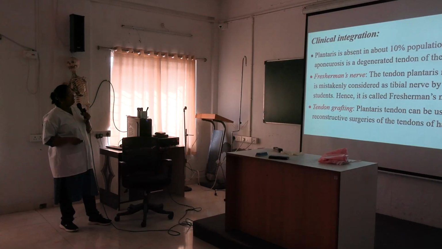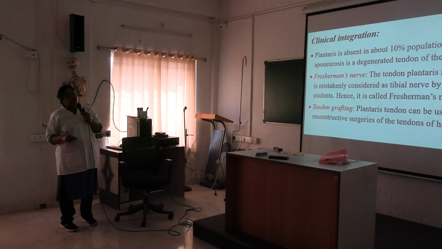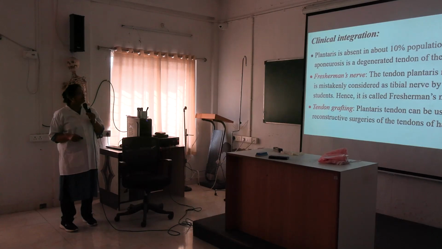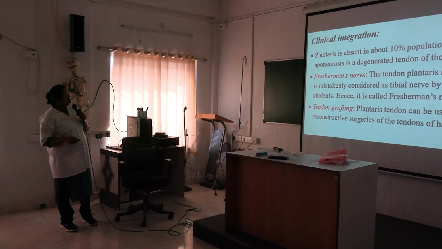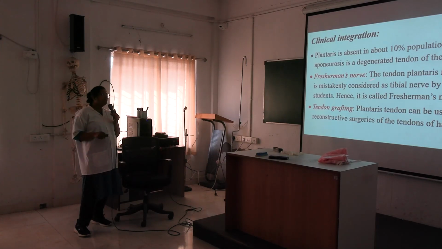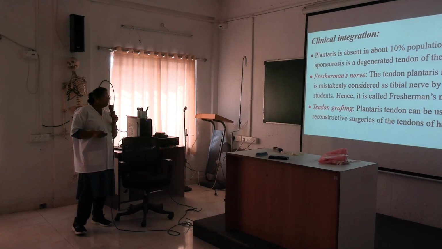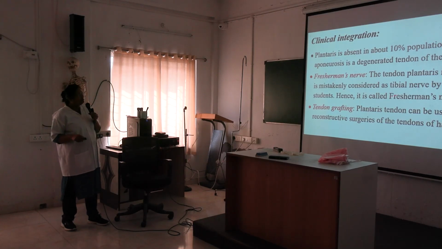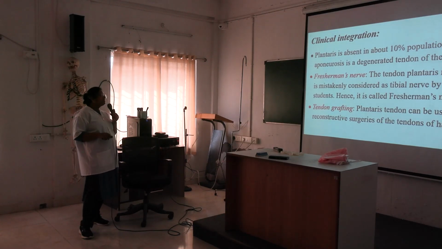These are some clinical aspects. Plantaris is absent in about 10% of the population, and the plantar aponeurosis is a degenerated tendon of the plantaris. Freshman's nerve: the tendon of plantaris resembles a nerve and is mistakenly considered as the tibial nerve by fresher surgeons or students, and hence it is called Freshman's nerve.